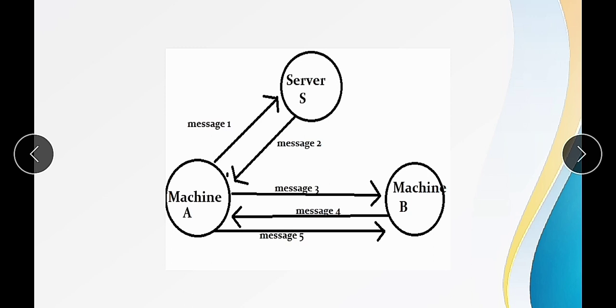From this diagram we can see that machine A wants to communicate with B. For that purpose, it is asking machine S, that is server S, as it wants to communicate with B. Now the server permits him to ask machine B, and for that it provides some keys.